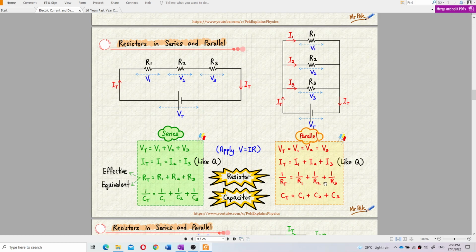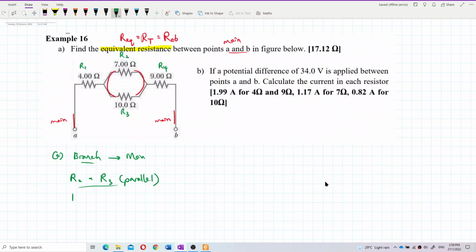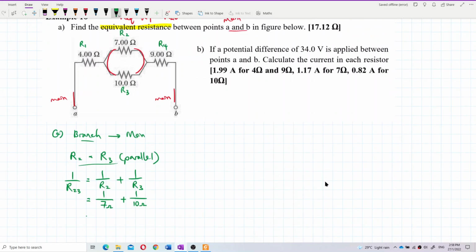So it's 1 over R: 1 over R23 equals 1 over R2 plus 1 over R3. R2 is 7 ohm, R3 is 10 ohm. So total them.